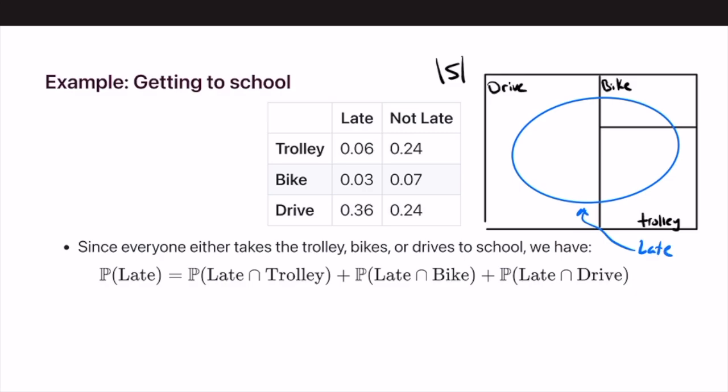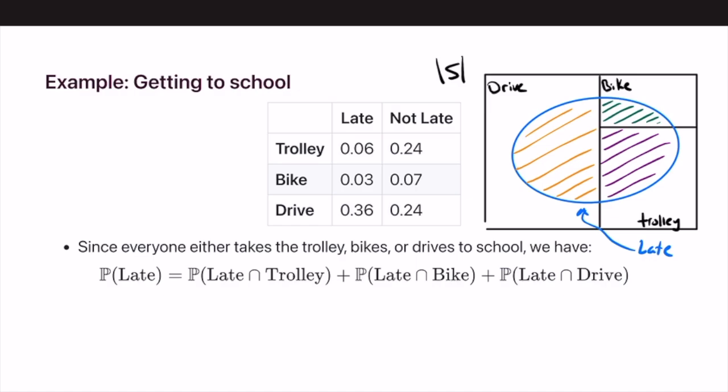That means everything outside the circle is the complement of being late, which is not late. So we can actually draw this, like so.